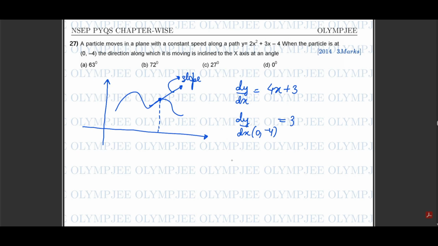So tan theta is equal to 3. So theta is equal to tan inverse 3. NSEP allows calculator and you will get the answer as 72 degrees approximately.